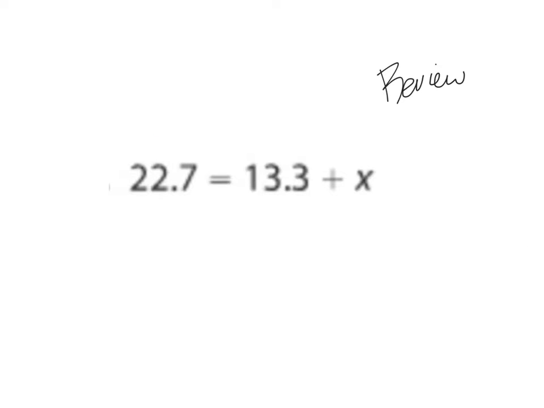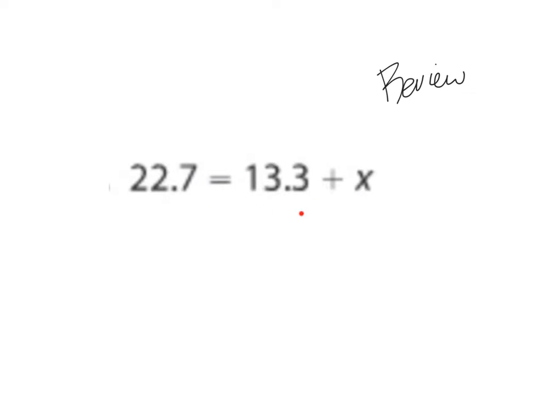So I just wanted to review very quickly what we did last lesson. We know that we want to get x by itself. This is 13.3 plus x equals 22.7. We want to get x by itself, so we need to do the inverse. We need to take away whatever was added to x so we could get just x. We know x plus 13.3 is this big number, but x is actually smaller.